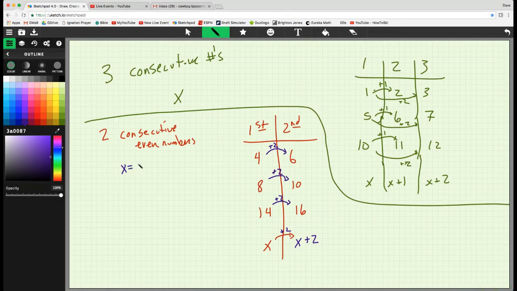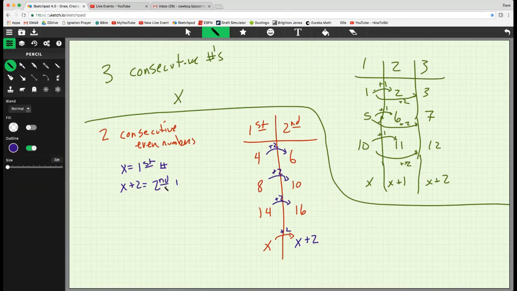So x would equal my first number, and x plus 2 equals my second number. Okay. We're going to come back. I'm going to give you a question on the homework help that surrounds this.